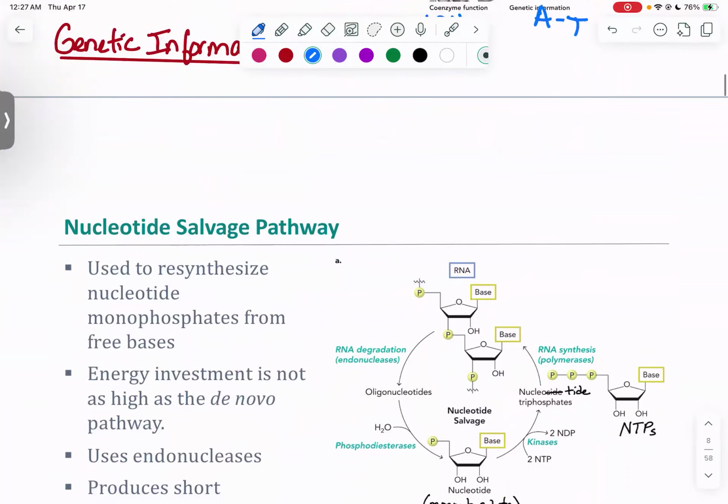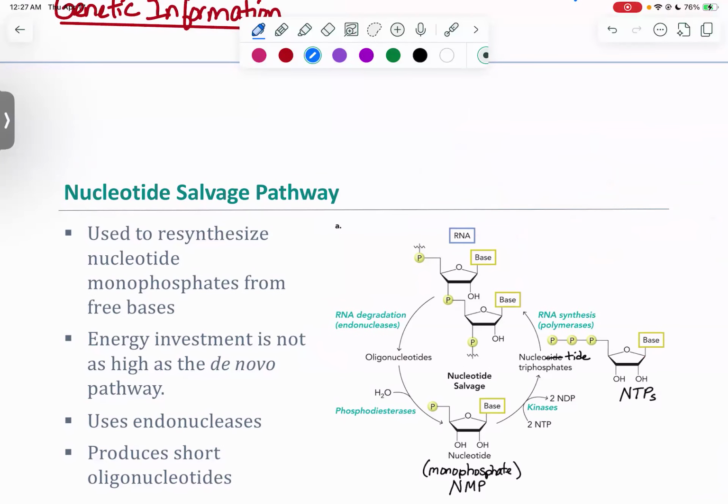Okay, so now we get to the good stuff, right? So when you think about making these nucleotides, they're pretty big. And the bigger something is, the more costly it is for the cell. So if you talk about making it from scratch, we call that de novo synthesis.